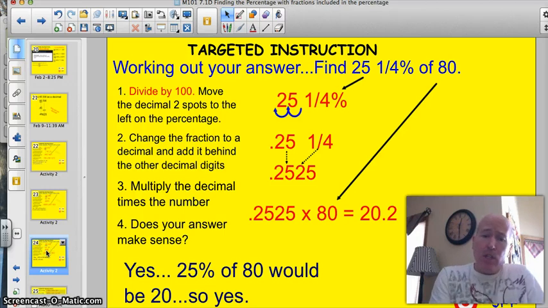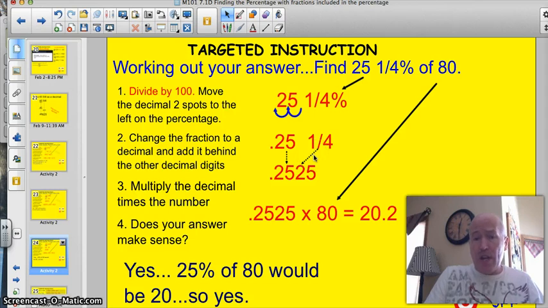We need to find 25.25% of 80. All right, so once again, we start with 25. Let's make that into a decimal. So we move that decimal 2 spots to the left as we divide by 100, and we've got 0.25. So now we've got 0.25, and we have to change 1/4 also into a decimal.